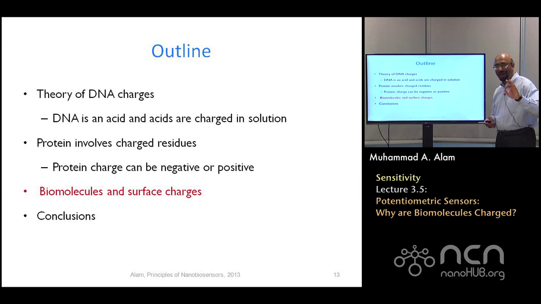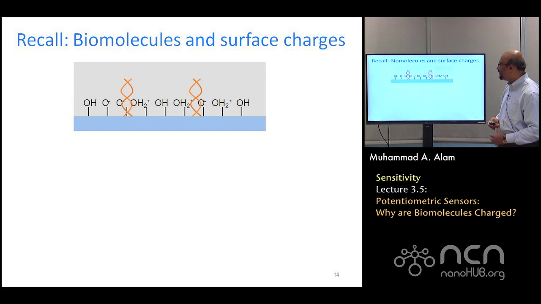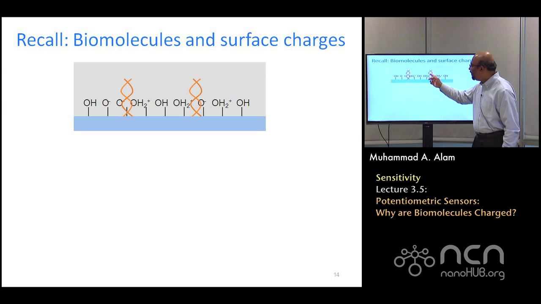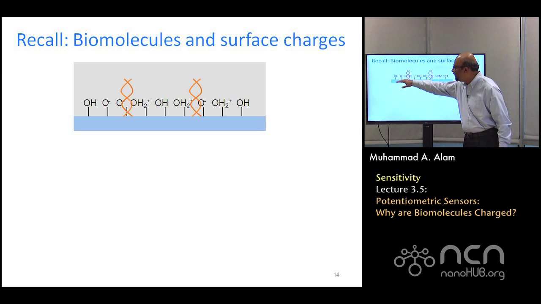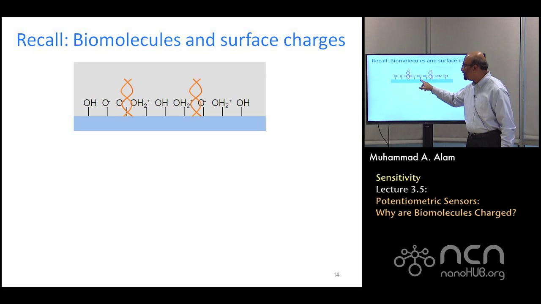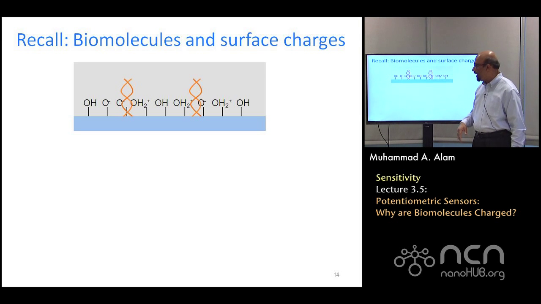Alright, so we now know surface charges depend on pH, and biomolecule charges, DNA and protein, depend on pH. And so we again have salt and we have all these pieces. So now how do we put them together? It turns out to be relatively simple. This is how. We are thinking about biomolecules here on the top and a sensor surface, let's say silicon dioxide, where the metal has been replaced.